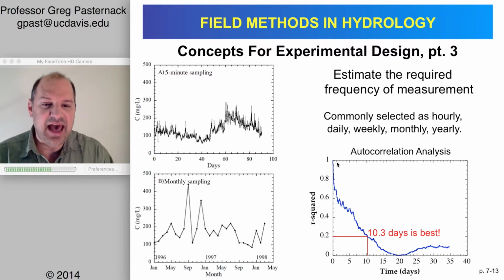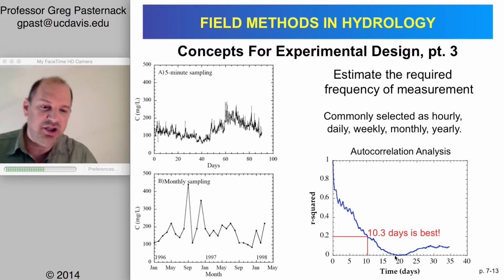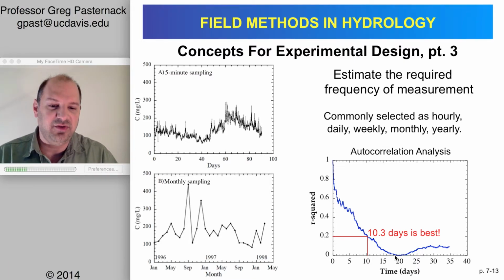And what we found is that, of course, the sample with itself is perfectly correlated, and as you shift a little bit longer, the R squared goes down and down and down, and it reaches a commonly used cutoff of 0.2 at a time of 10.3 days. It reaches 0 more around 18 days, but usually we don't worry about going to 0 because you've lost statistical significance usually long before that.